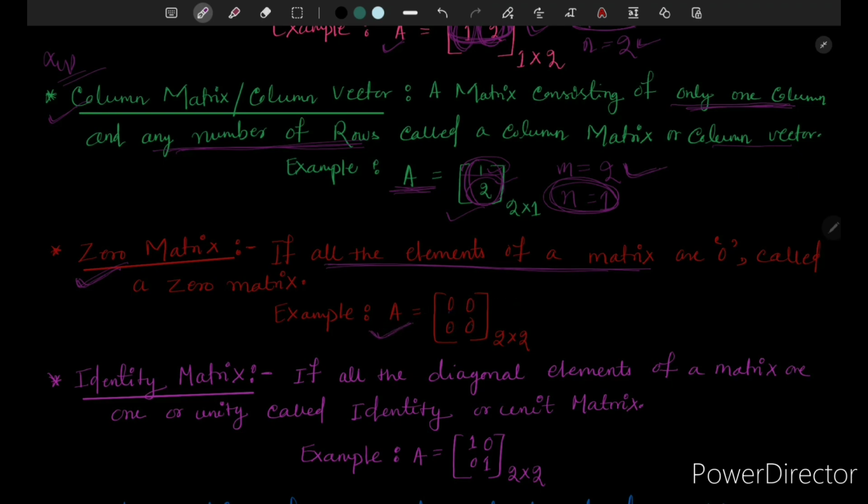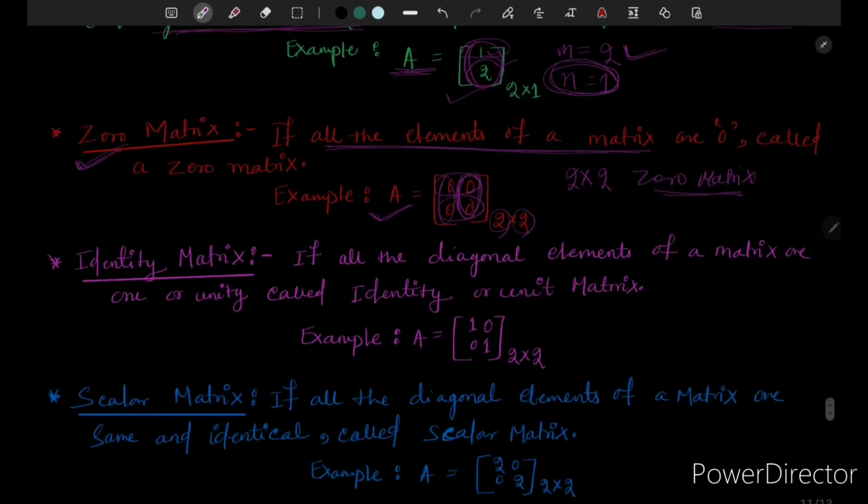That means all the elements of matrix A are 0. So we have two rows and 2 columns and all the elements are 0. This is a 2 by 2 zero matrix, because we have 2 rows and 2 columns here.